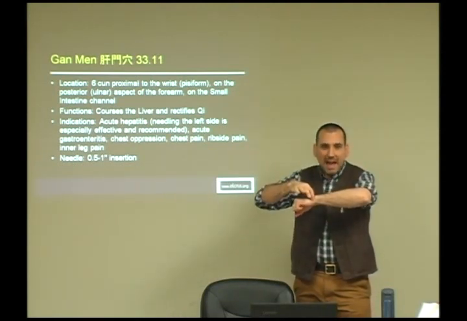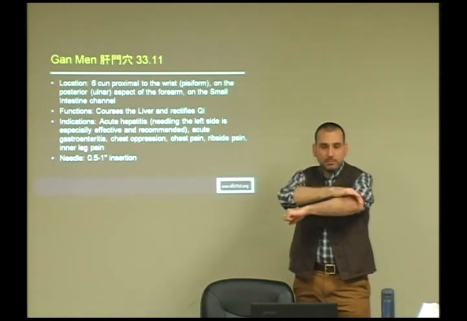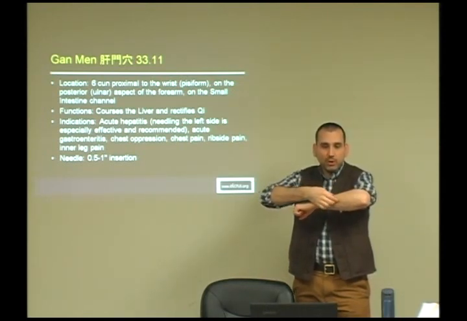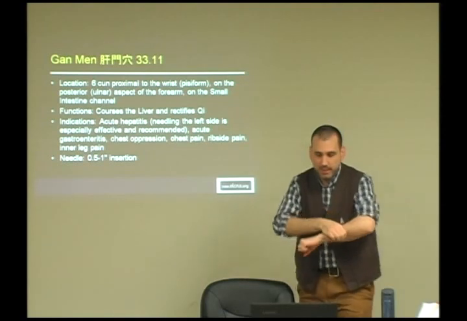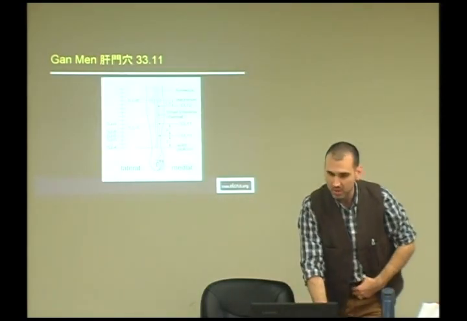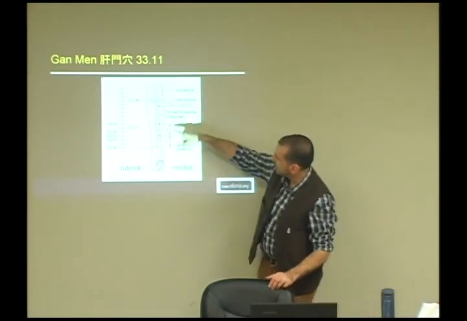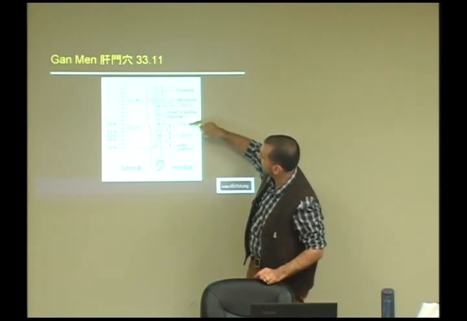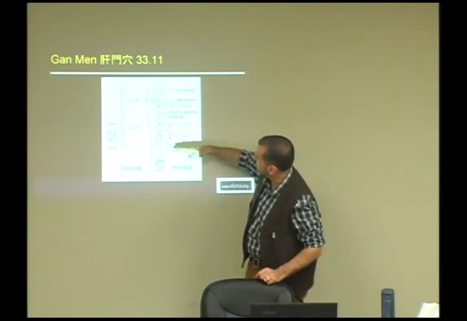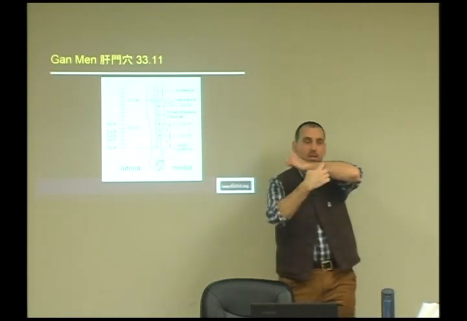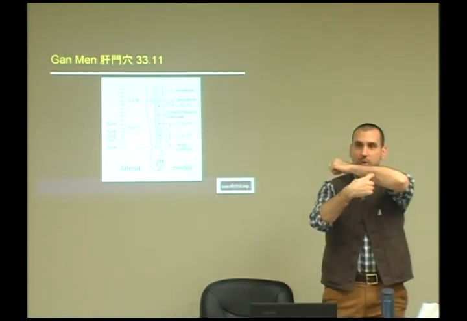So that means it's halfway between wrist and elbow on the ulnar aspect of the forearm on the small intestine channel, right? So here's the location. Halfway between 3.11, halfway between the pisiform and the olecranon, right there. And we needle it right under the bone.